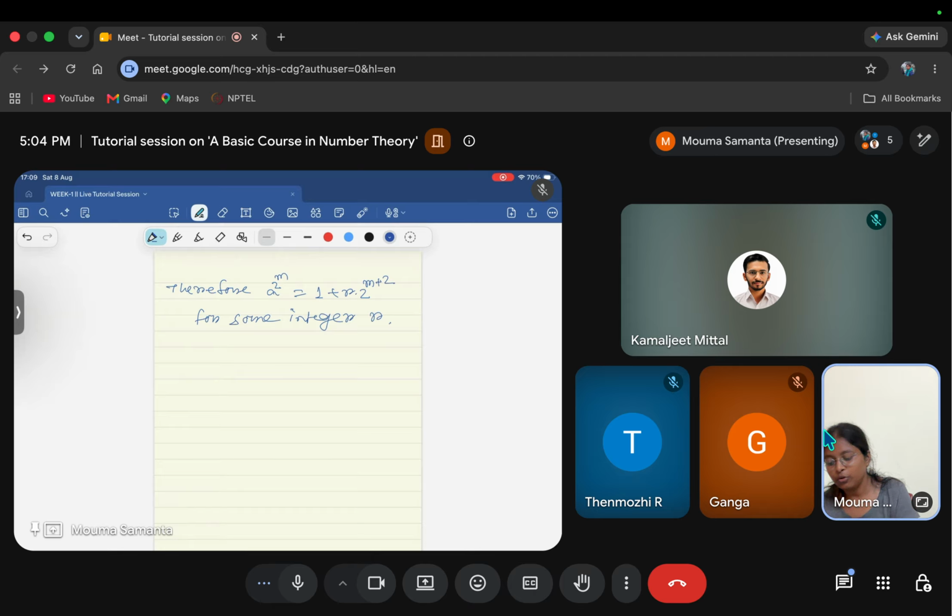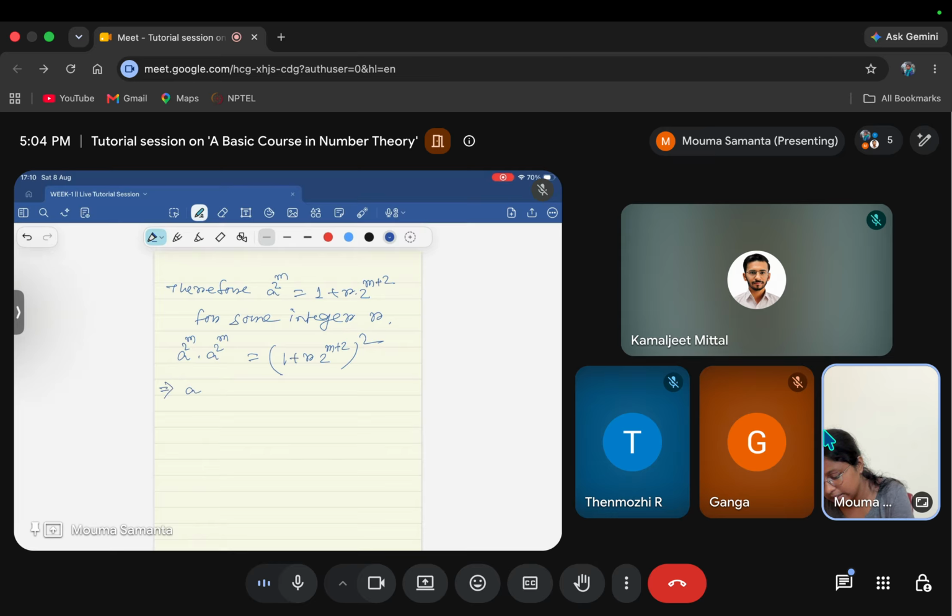Now to get A power 2 power m plus 1, how to increase the power? If we square both sides, then see what happens. A power 2 power m into A power 2 power m will give you 1 plus r into 2 power m plus 2, squared. Now what is the left hand side?